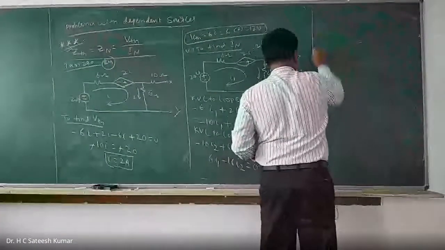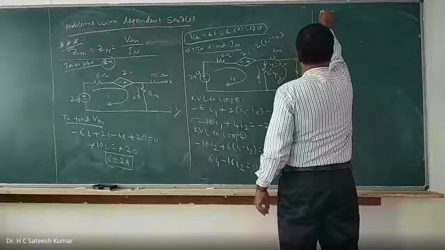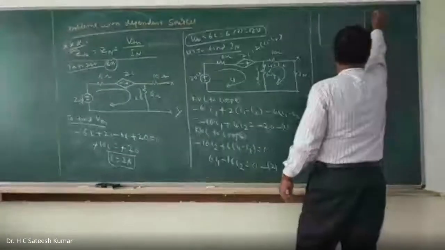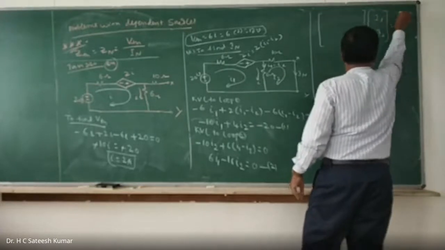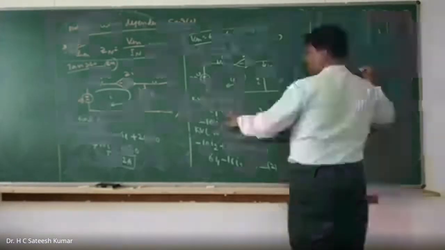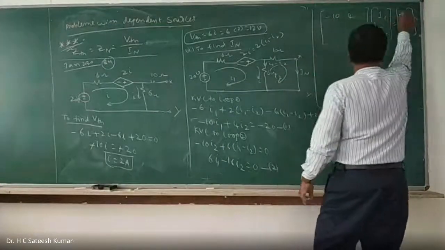Now, so now you write down the matrix. I1, I2. First one, what is that we have in equation 1: minus 10, 4, minus 20.